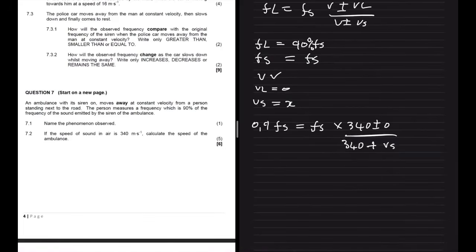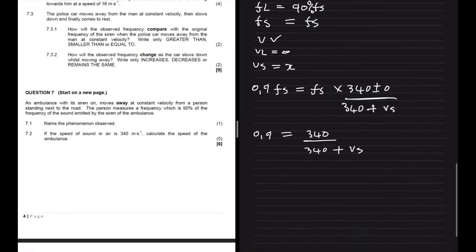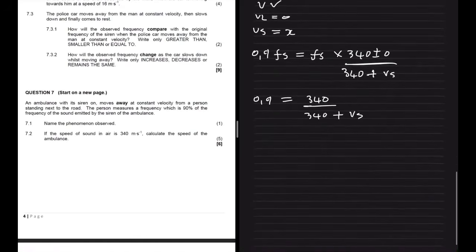What I'm going to do is divide both sides by FS. If you divide the right hand side by FS, FS and FS cancel out, and on the left hand side, if you divide 0.9 FS by FS, you're left with 0.9. So we have 0.9 equals 340 divided by 340 plus VS. Now let's cross multiply.